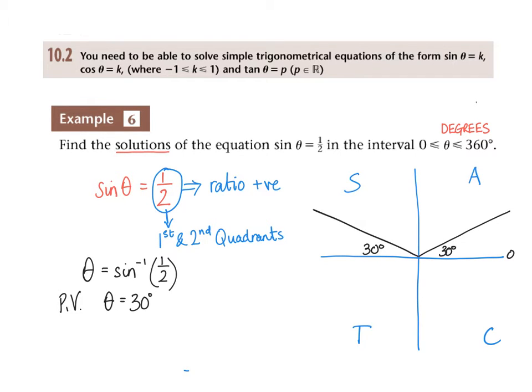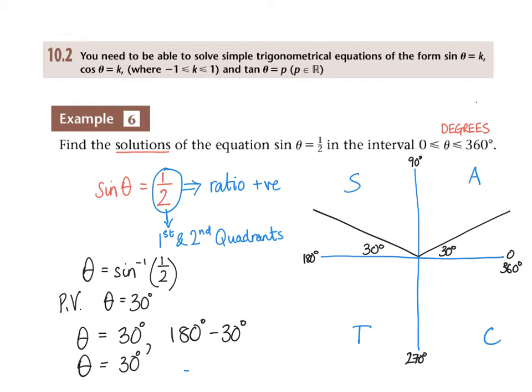And we start at 0, 90, 180, 270 and 360. So to find these values of theta, it's equal to 30 degrees from the first quadrant, and on the second one is 180, take away 30 degrees. So the two angles that I've got that have a ratio of a half are 30 degrees and 150 degrees.